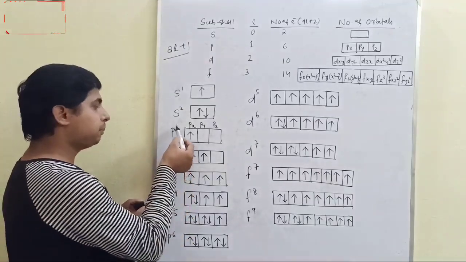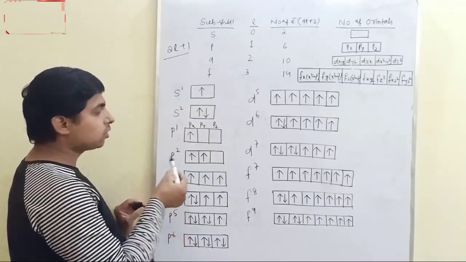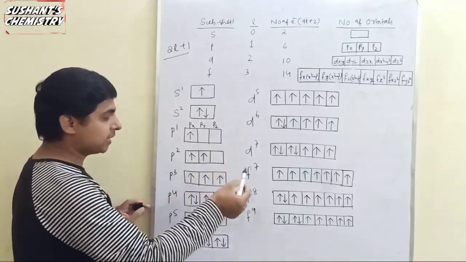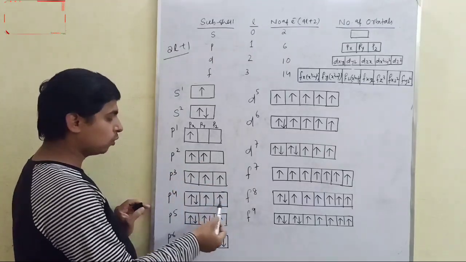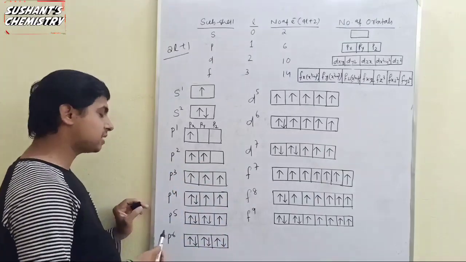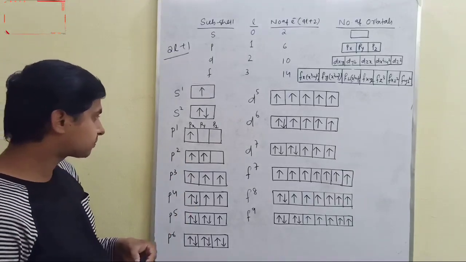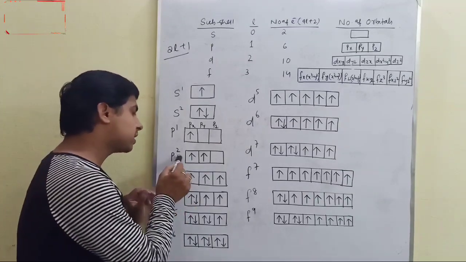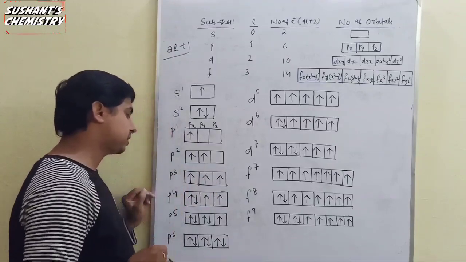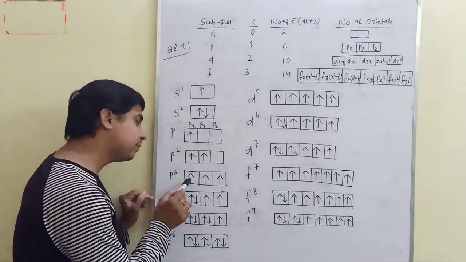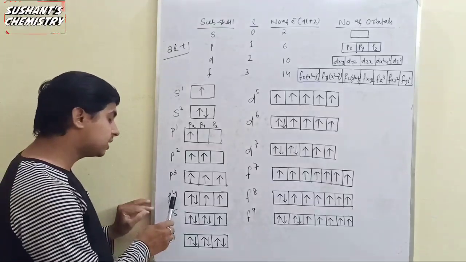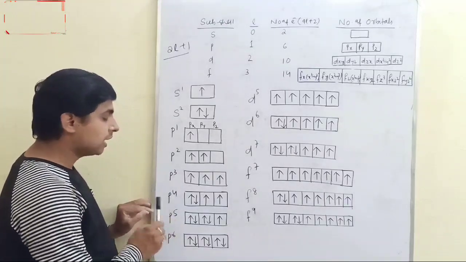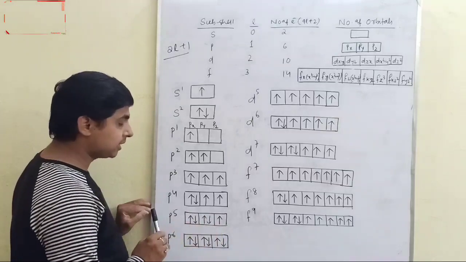Similarly, in p orbitals, the electrons are filling in this manner: first 1, then 2, then 3, then 4, then 5, then 6. You see that here 2 electrons are distributed among these 2 orbitals, here 3 electrons are distributed among these 3 orbitals, and here the 4 electrons are distributed among the 3 orbitals.